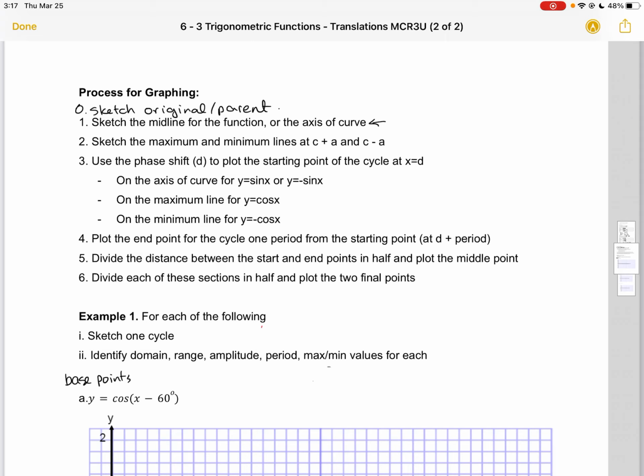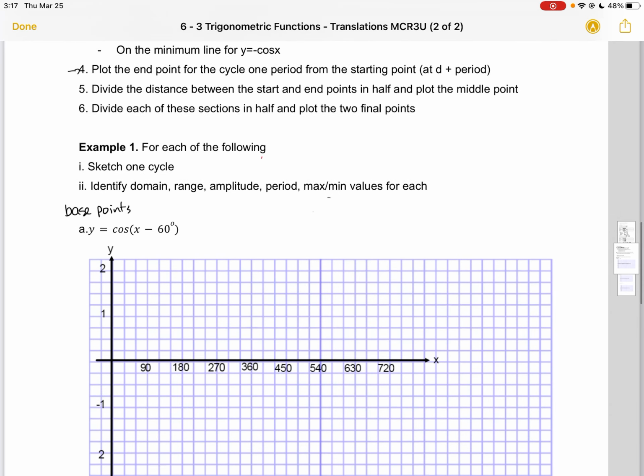Then you sketch the maximum and the minimum lines at your curve value plus the amplitude and your curve value minus the amplitude. Then you use the phase shift to plot the starting point. Then you plot the end point, divide the distance in half, and plot the middle point, and divide each of the sections in half, and then plot the final 2 points.